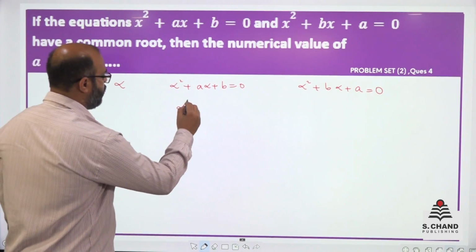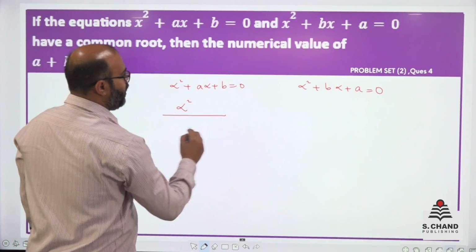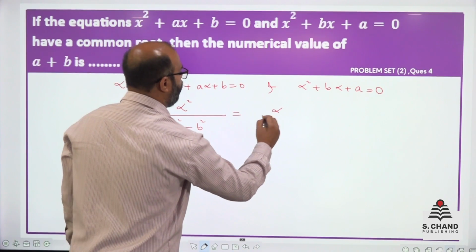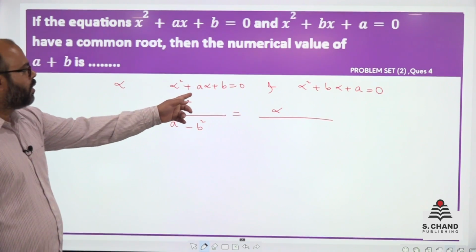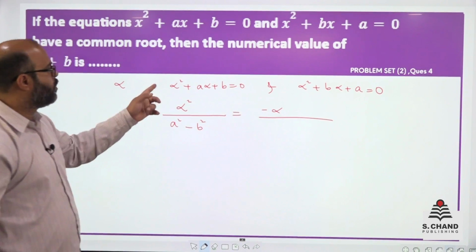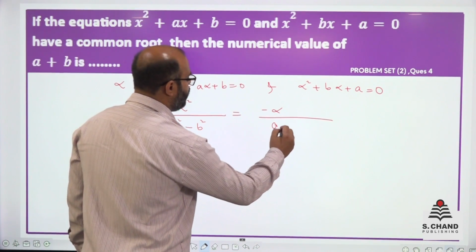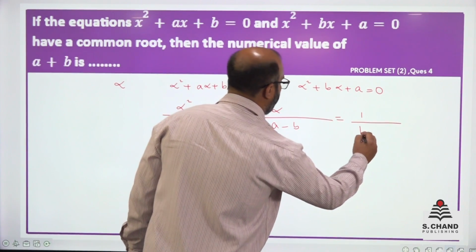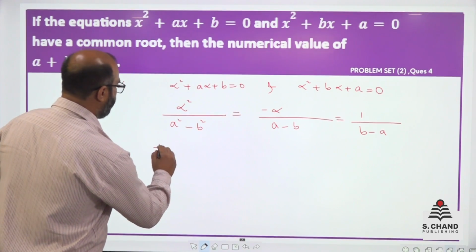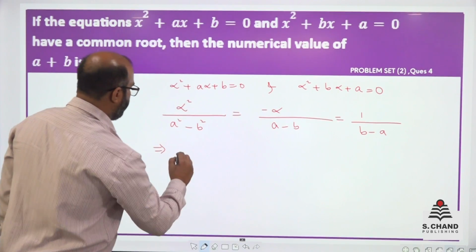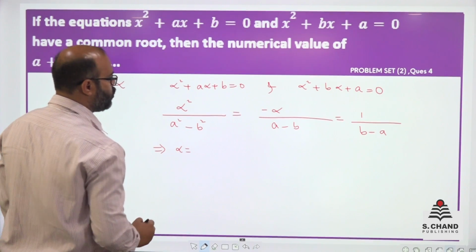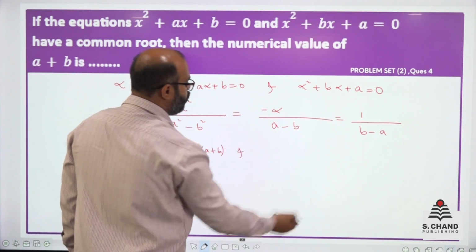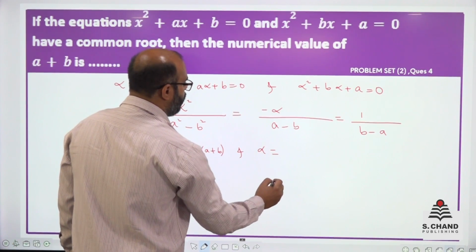Now alpha square upon a square minus b square, cross multiplication, alpha upon minus alpha upon a minus b, and 1 upon b minus a. So what you get when you equate these two, you get alpha is equal to a square minus b square by b minus a, that will be minus of a plus b. And if you equate these two, you get alpha is equal to 1.